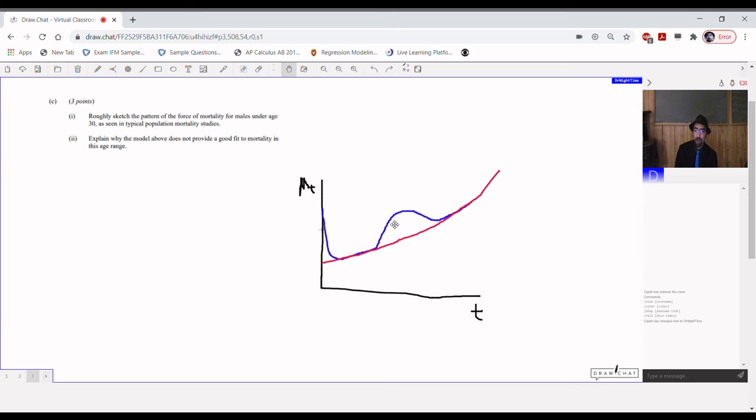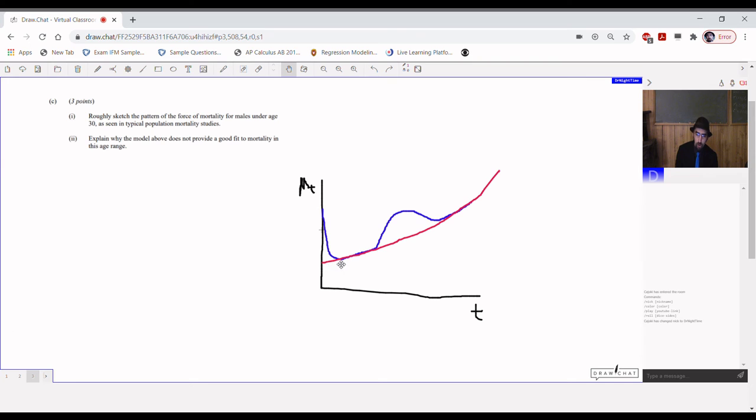So you briefly have some increased mortality there because you're a stupid teenager. You get to age 25, you're no longer a stupid teenager, and your mortality reverts back to its more natural physical laws. So the blue curve does that.